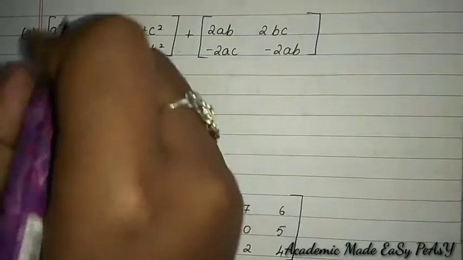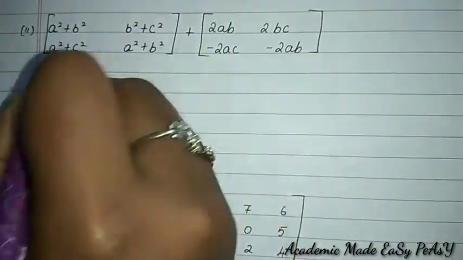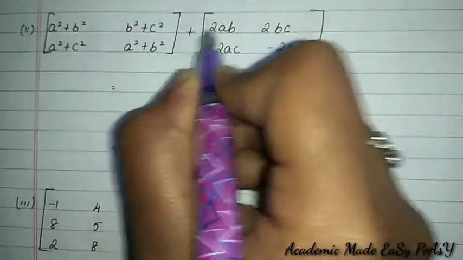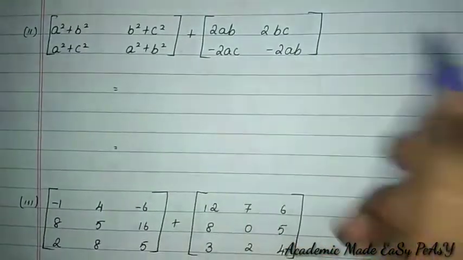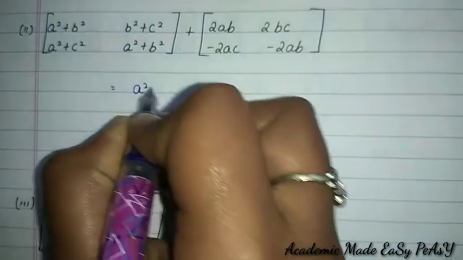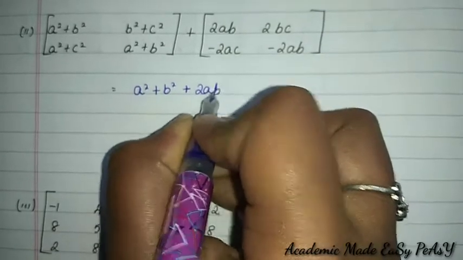That's it. Next, A square plus B square plus C square, A square plus C square, A square plus B square plus 2AB, 2BC minus 2AC minus 2AB. So now I will just add it directly. So A square plus B square plus 2AB.